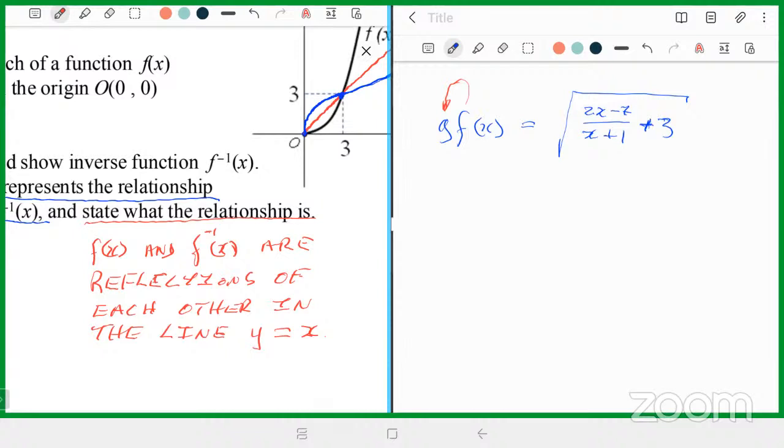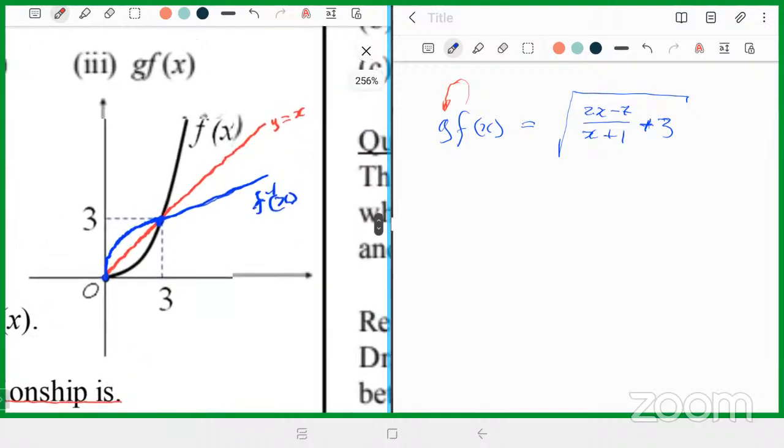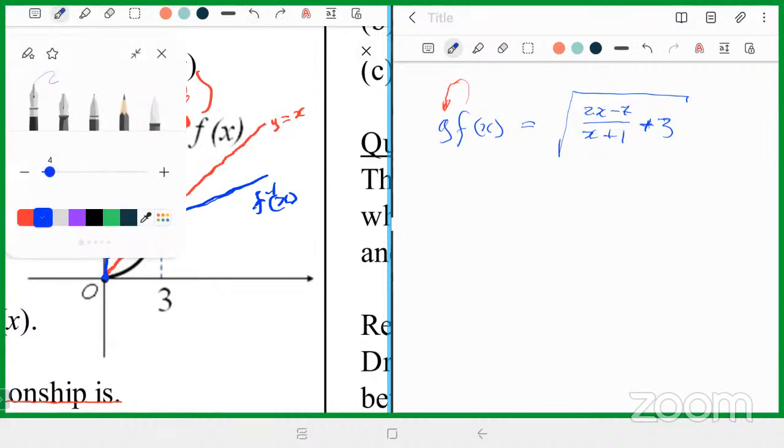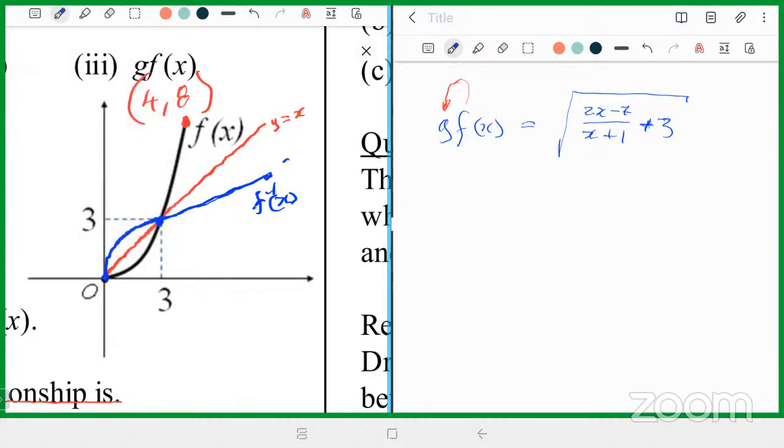Because when you reflect in the line y equals x, coordinates of a point will reverse, they switch around. So again, if I have a point here, and the point here is 4, 8, if I reflect this point in this line, the coordinates will switch around to 8, 4.